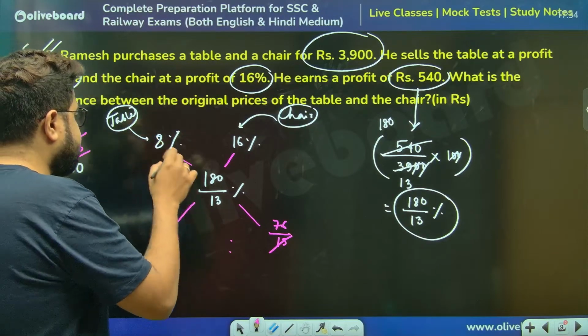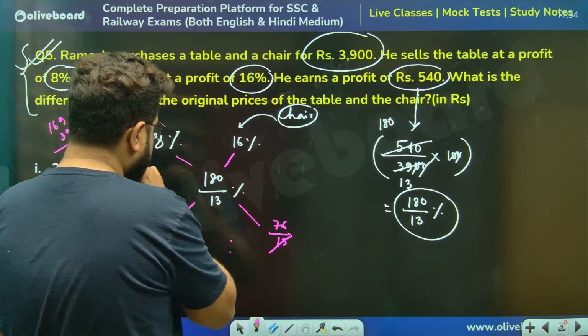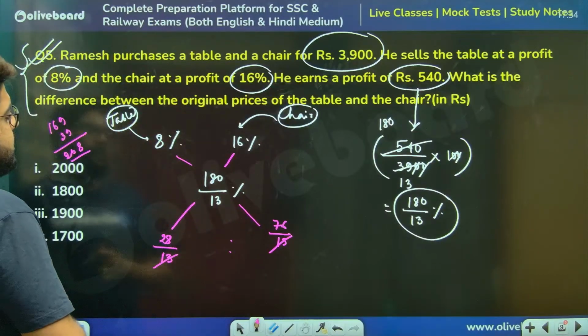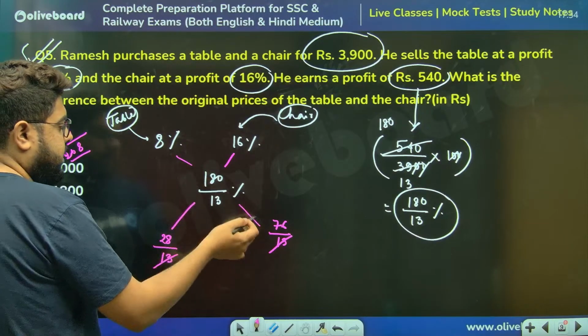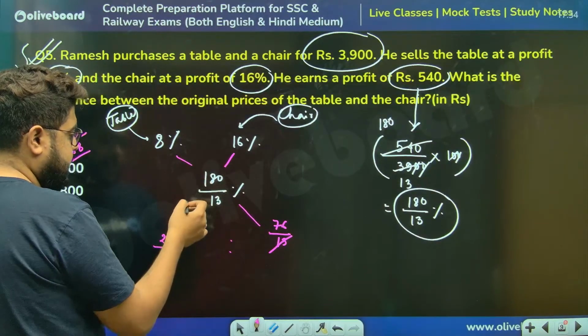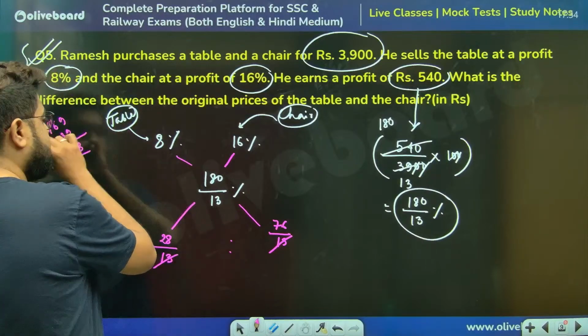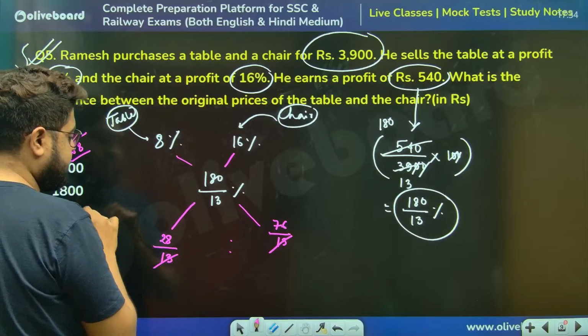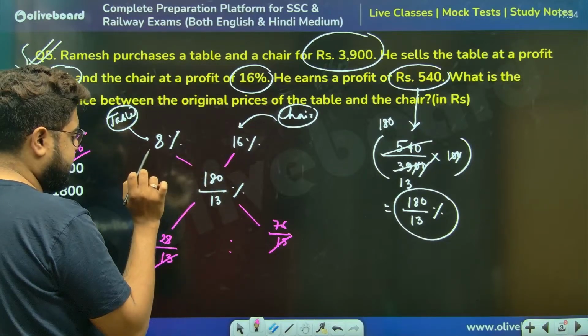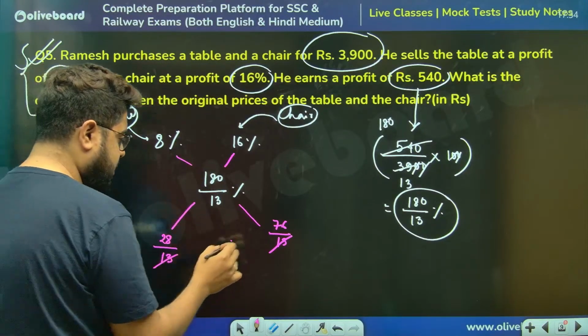Just let me check once. 104, 76, this is also right. And this is also 208. 208 minus 180 means 28. No, I have not made any mistakes, sir.